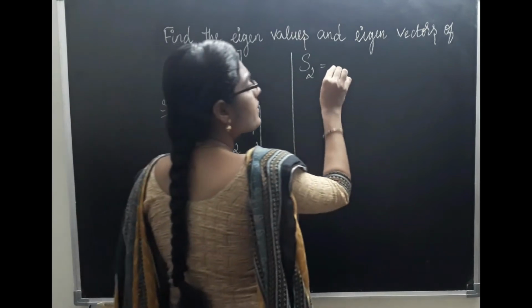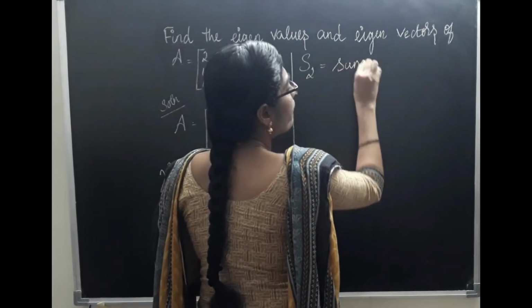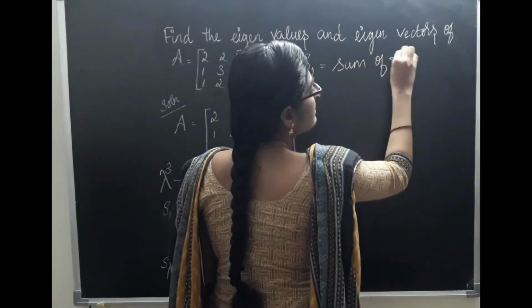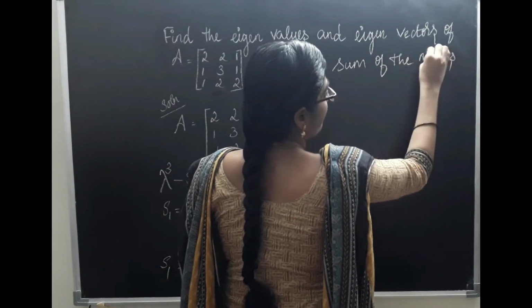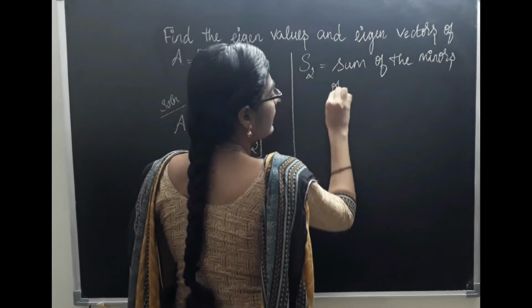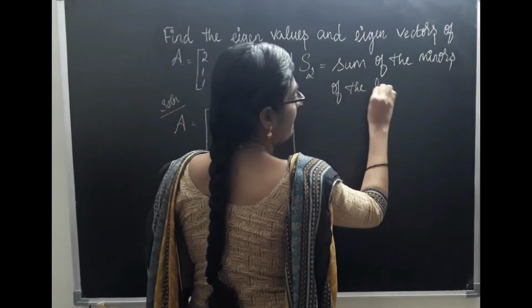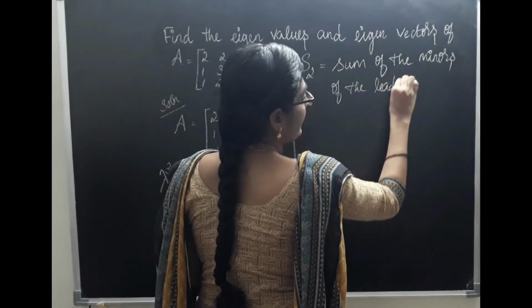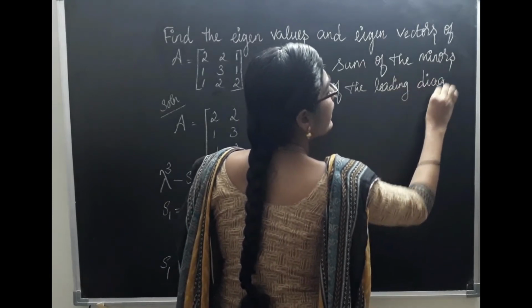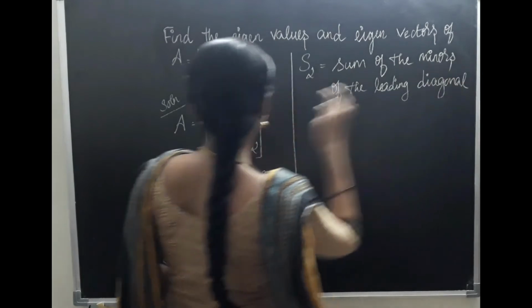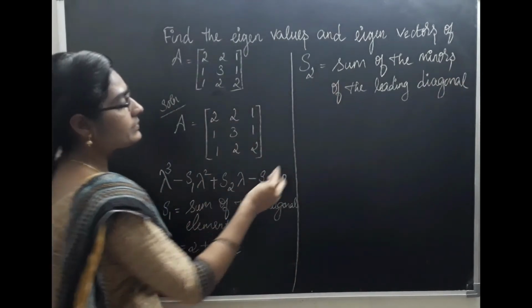S2 is nothing but the sum of the minors of the leading diagonal elements. See here, which is our leading diagonal element? This one, 2, 3 and 2, right?